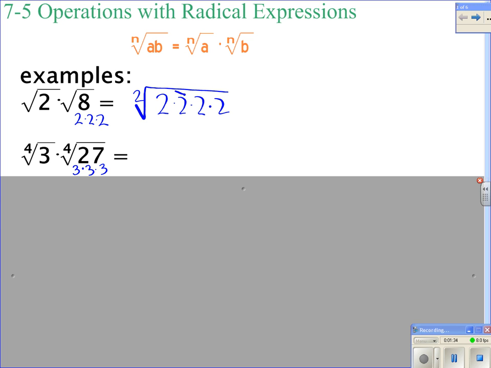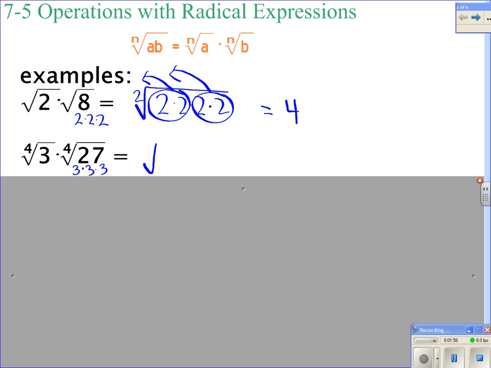Okay, so we've got a group here and a group here, so we can take those out, and then there's nothing left over underneath the root. So we take both 2's out, multiply them, and we get 4. So the reason I'm writing out the prime factors is because it will help us later when we have more complicated numbers.